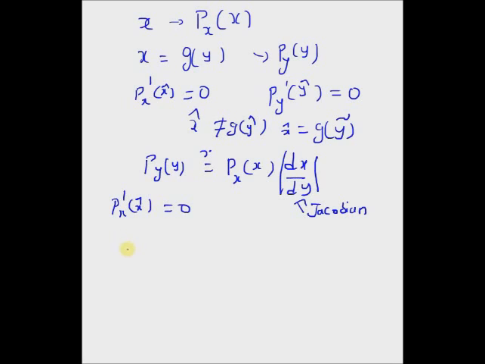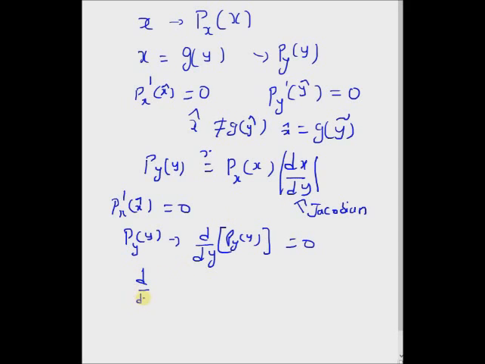Now for the probability density p of y, which is a function of y, the maximum occurs at d by dy of p of y equal to 0, which means that, by using the definition, we get d by dy of px of g of y, by using the original transformation and also the Jacobian factor dx by dy, equal to 0.